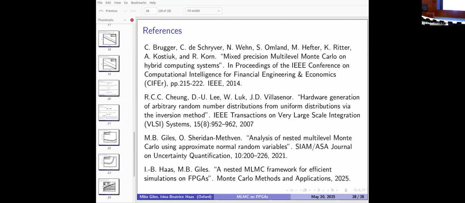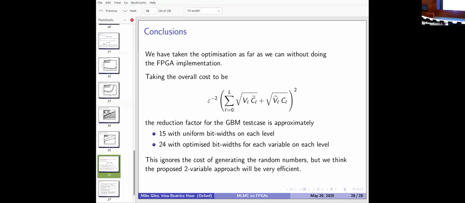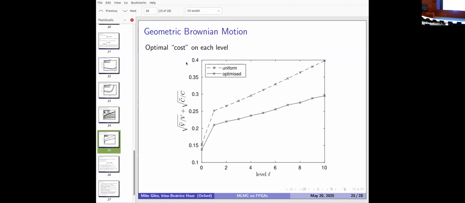Hi, Mike. Thanks a lot for the interesting talk. The plot on 25 was really surprising to me, so I want to take a chance to study it more and ask you a question about it. The fact that it's different rates, depending if it's uniform or optimized, I guess it's a direct result of the plot on 24.